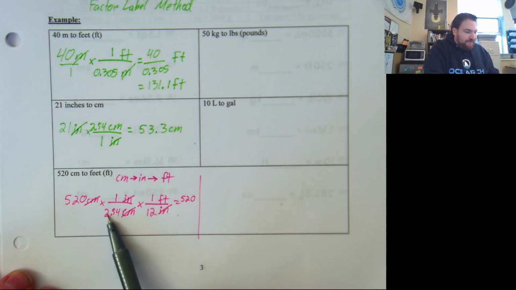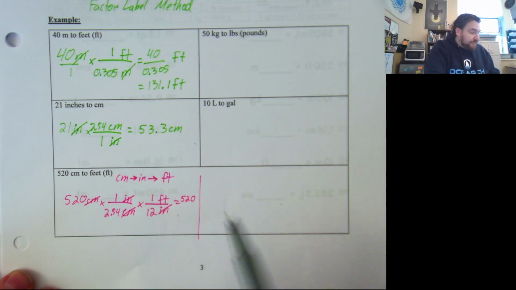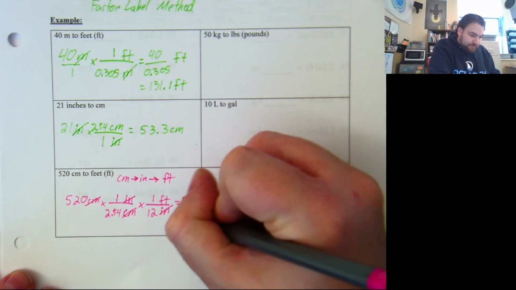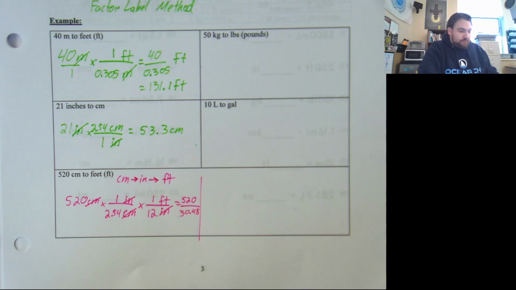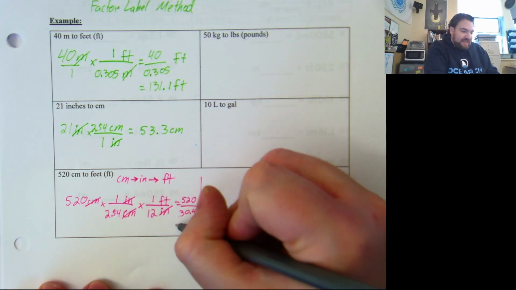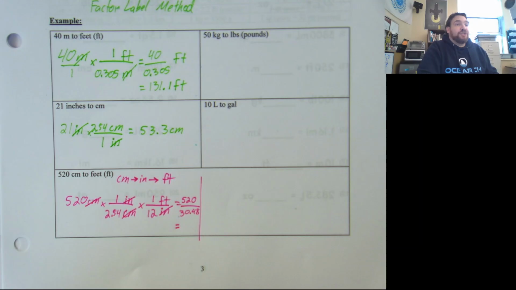And then 2.54 times 12 is 30.48. If I do that division and I round it to 1 decimal place, what is 520 divided by 30.48? Rounded to 1 decimal place.